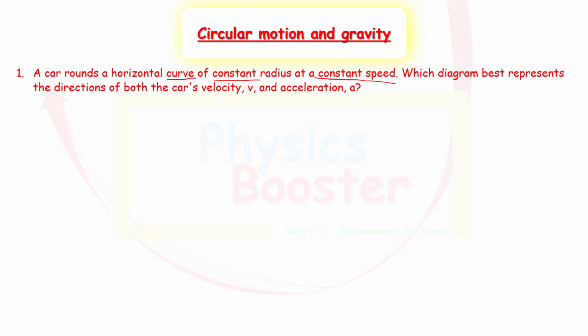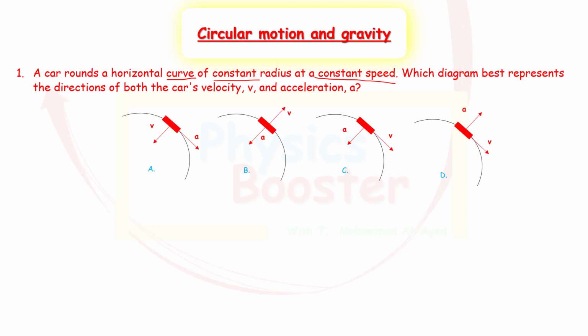Now, which diagram best represents the direction of both the velocity and the acceleration? We introduced that before. The velocity is always tangential to the direction of movement, so it's not A, it's not B. It can be either C or D because the velocity is tangential. Now, the acceleration is always towards the center of the curve, so the answer is C.